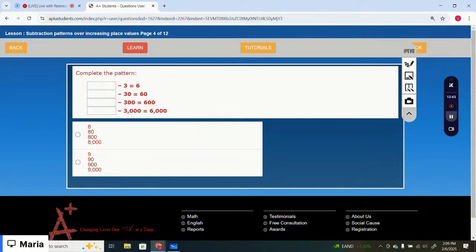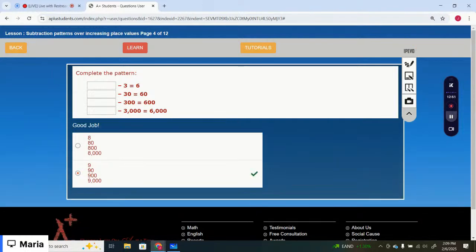That is 9 minus 3 is 6. 90 minus 30 is 60. Option number 2 is the correct option. Very good.